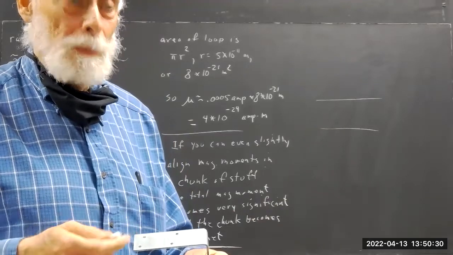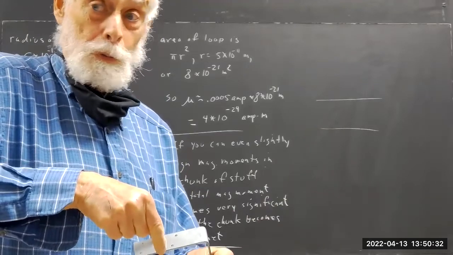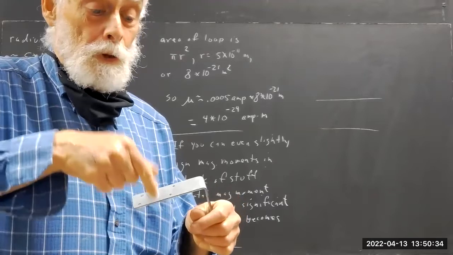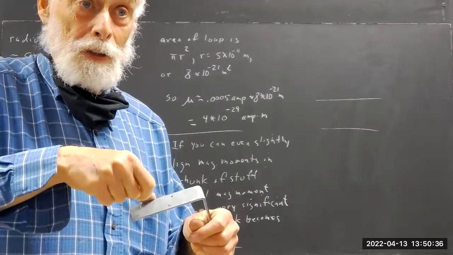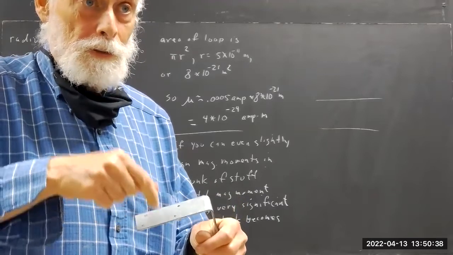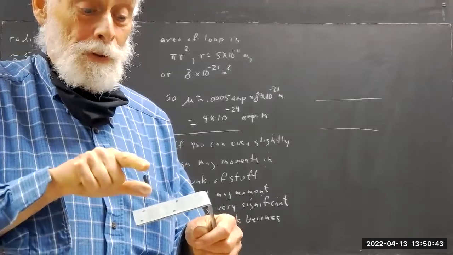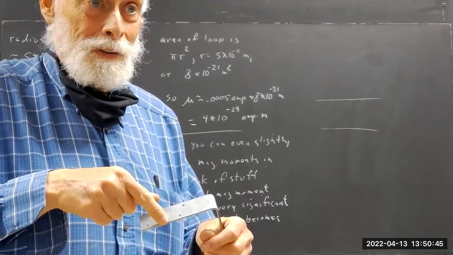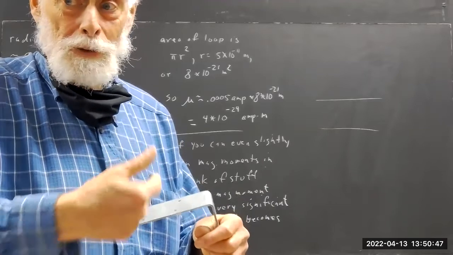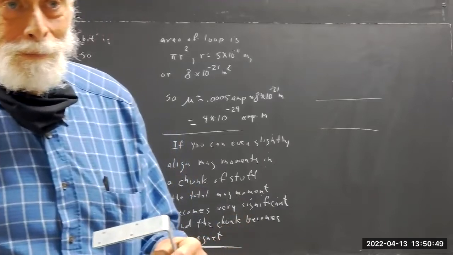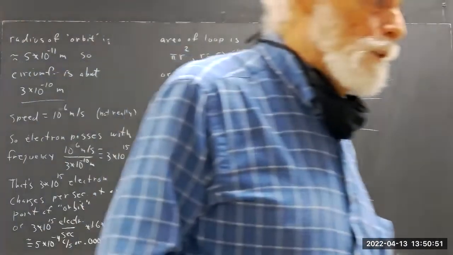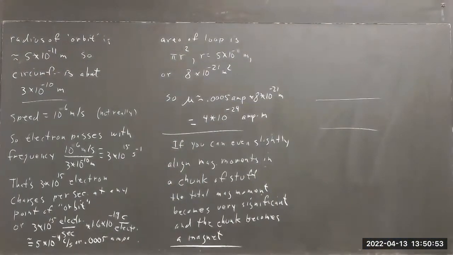You can measure that by putting a voltmeter across between here and here, because you have more electrons here than here. You have a negative charge here, a positive charge here. So your voltage drops from this side to this side, a potential difference in this direction. That's not hard to measure. We probably won't actually do it, but that's what you call the Hall effect.